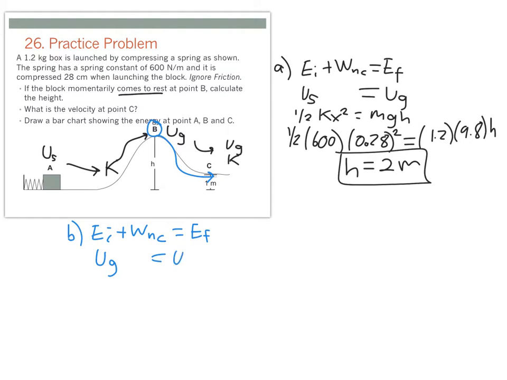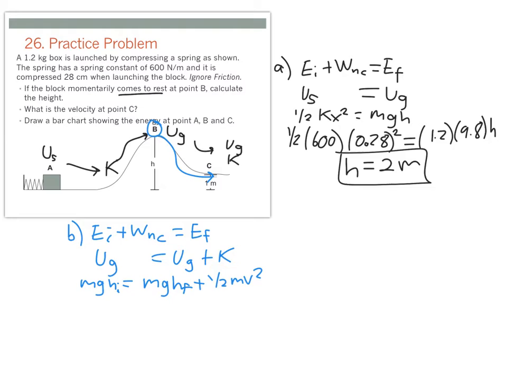And I end with gravitational potential and kinetic at point C. So I can go ahead and fill in those formulas once again for gravitational potential energy and kinetic energy. The one thing I'm going to do is say this is HI, my initial height at point B, and this is HF, my final height at point C.